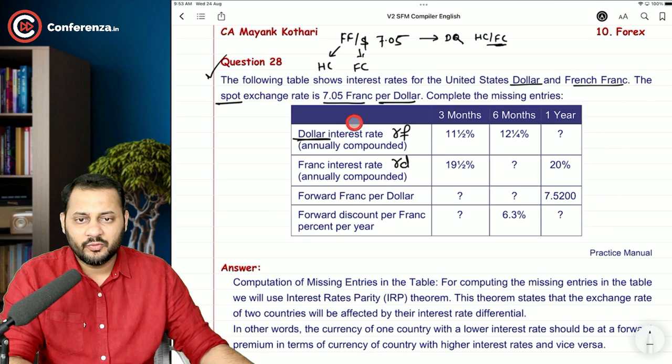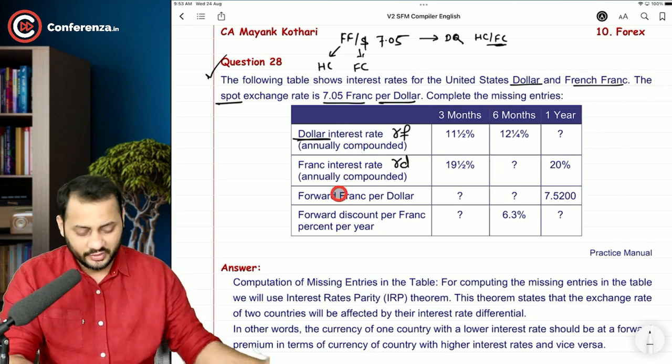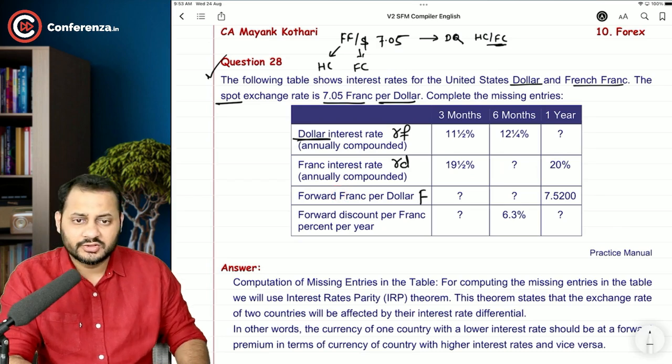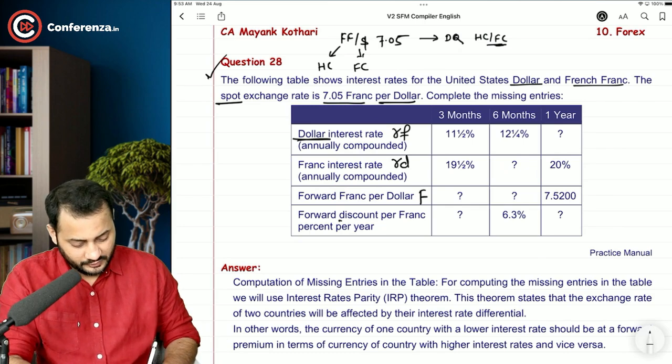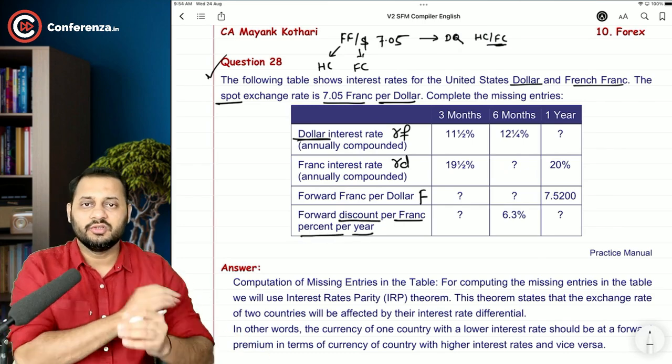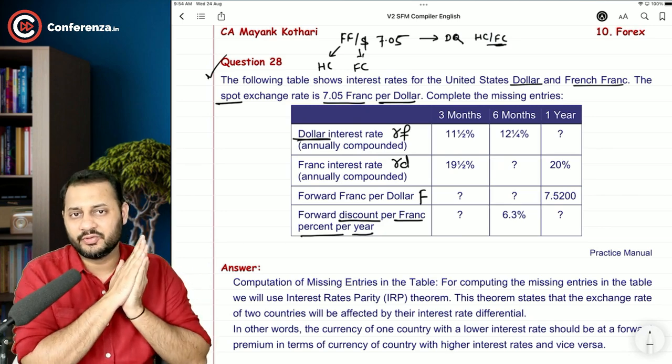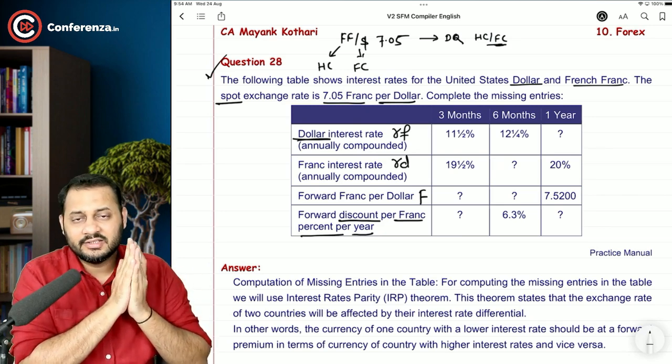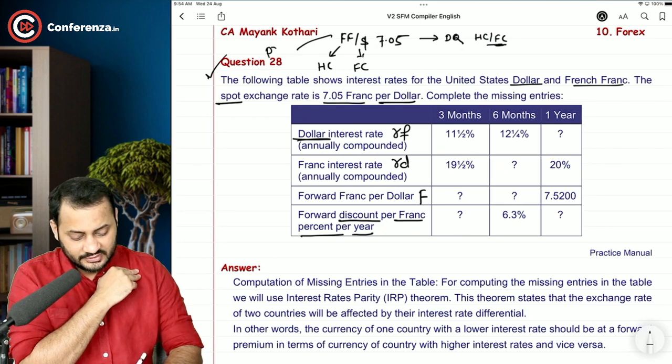You can see that we have been given the interest rates of dollar and franc, the forward rate F is also given, and the forward discount per franc, percent per year. So the discount in the franc is given, and franc is the price currency.